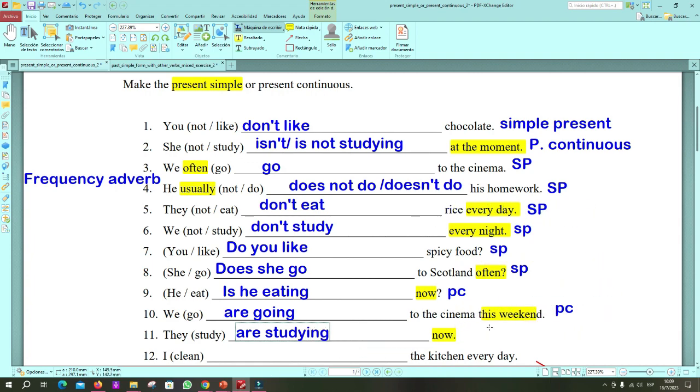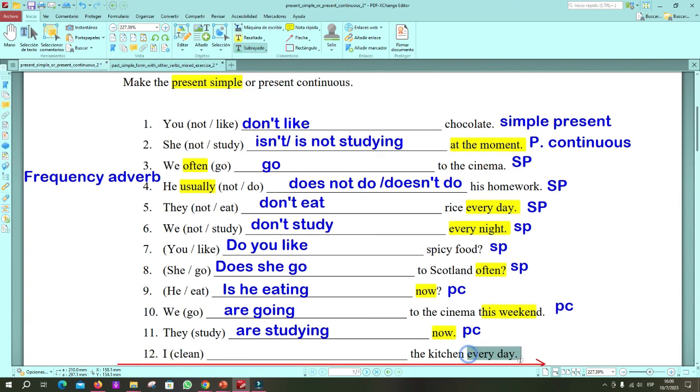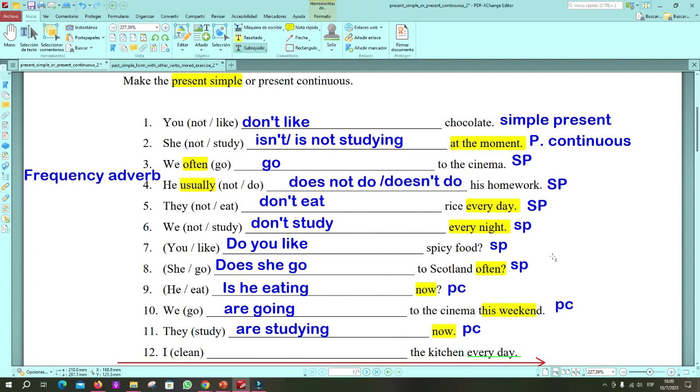That is present continuous. Here you have now. Excellent, Mr. Mario. And the last one. I clean the kitchen. Also, you have here what? Every day. Look. Every day you have here. So, which could be the answer for that one? I just clean, right? The same. I clean the kitchen every day.